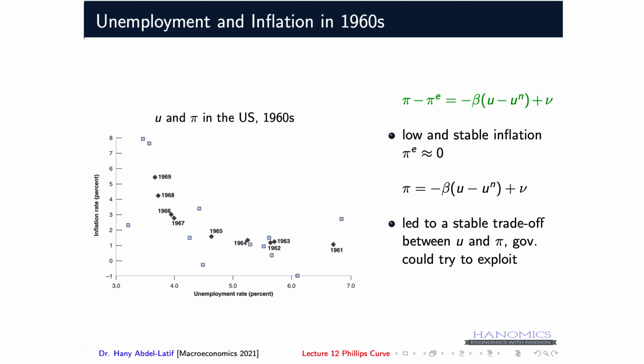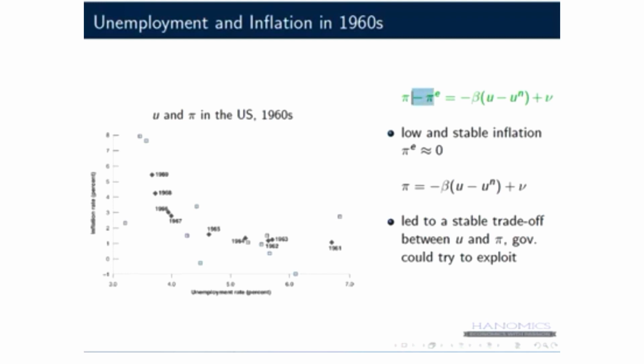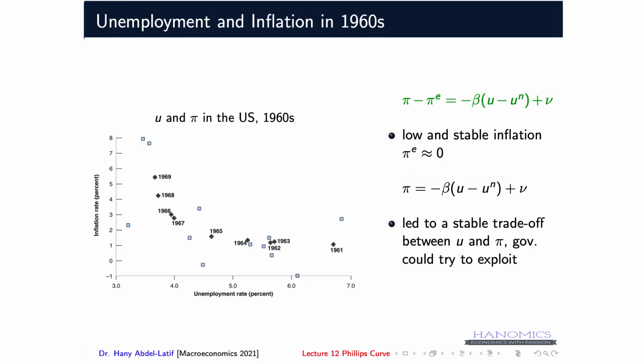The reason could be that inflation at that point was low and stable, so expectations regarding inflation were almost zero, meaning people didn't expect inflation to rise. If you take that out from here, that gives you the original Phillips curve, of course without the supply shock factor, which, as I said, contributed to our understanding of this relationship after the 1970s, when we experienced the oil price shocks.